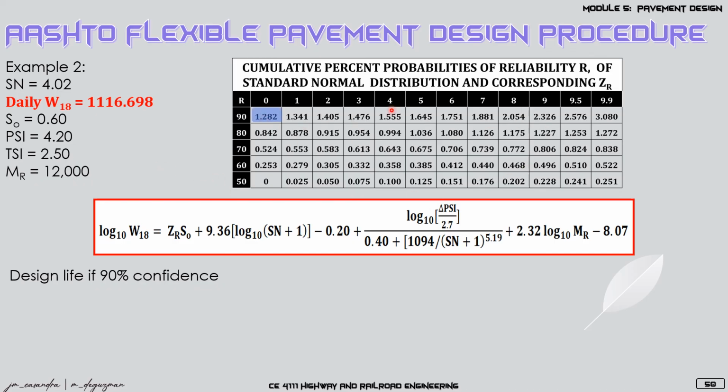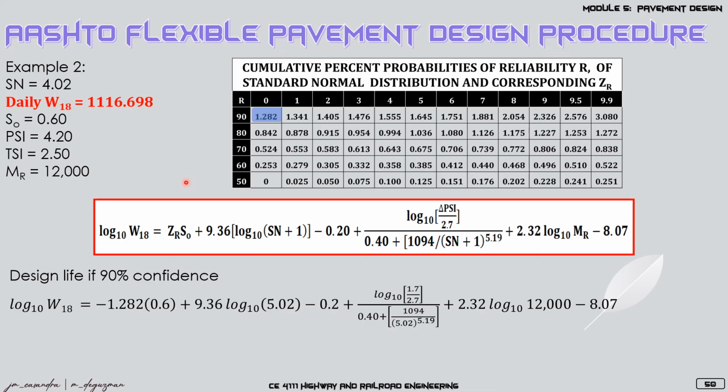Again, these are all negative values. With that, it is the same process. We substitute, and the only thing that changes will be our Z sub R. Substituting all our values in the equation, we get log of W18 for 90% confidence as 6.6752.